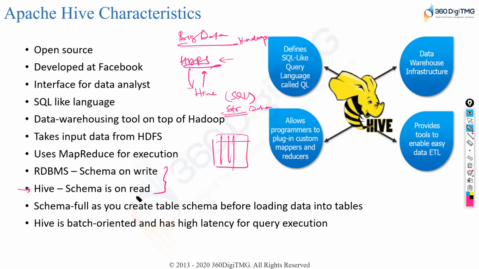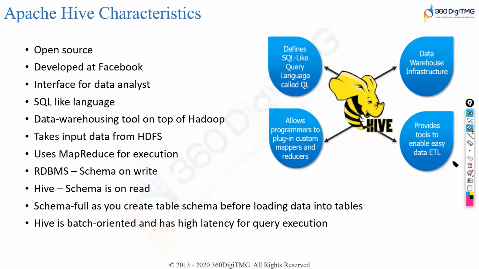You first come up with the table schema in Hive as you are trying to create a table, and then we load data into that particular table from HDFS. And Hive is not real time. It cannot handle real time data. It is batch oriented.